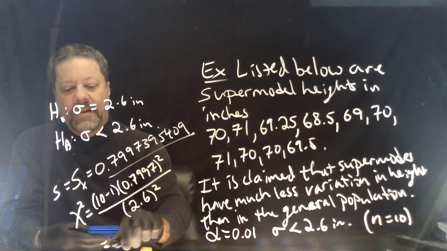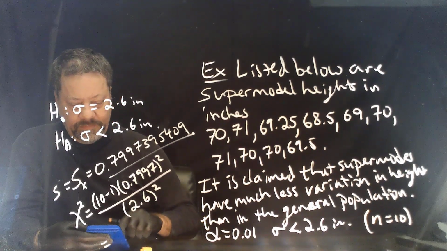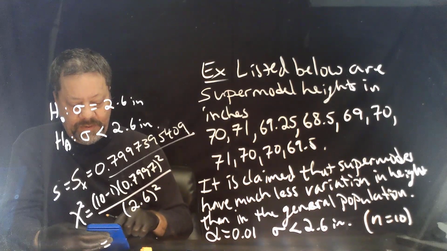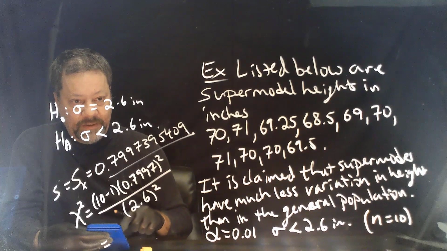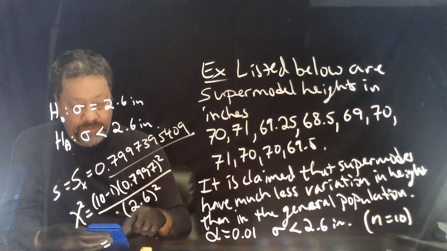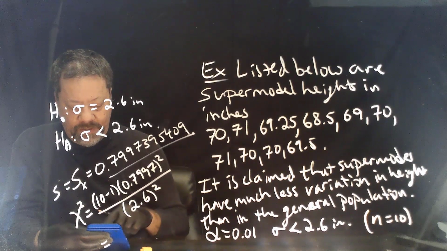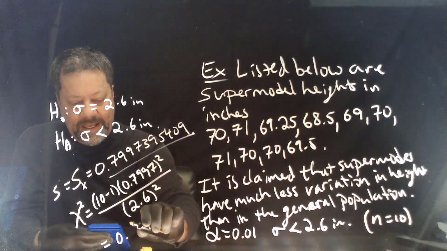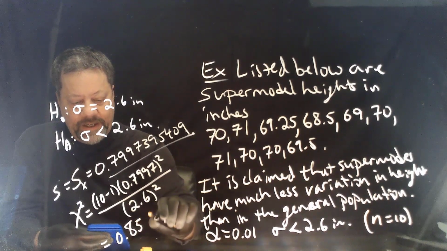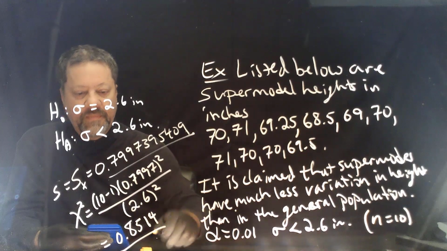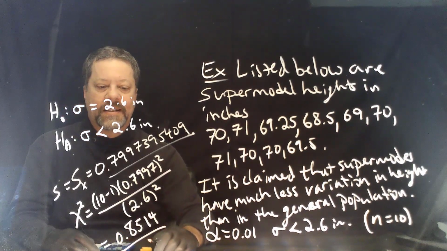This gives us a chi-square value of 9 times 0.7997 squared divided by 2.6 squared, which is 0.8514. That's our chi-square statistic.